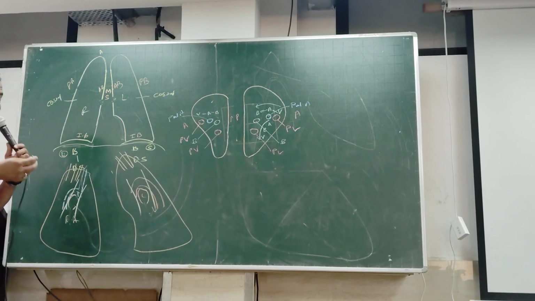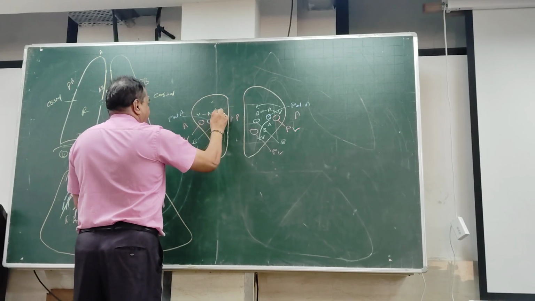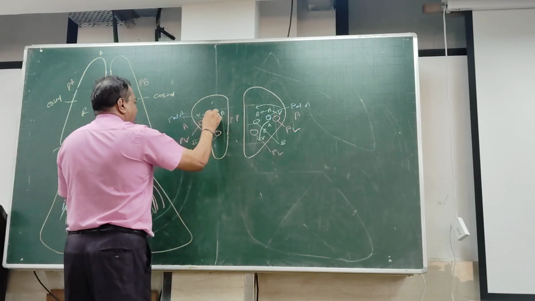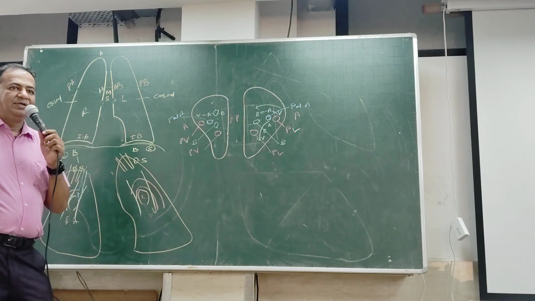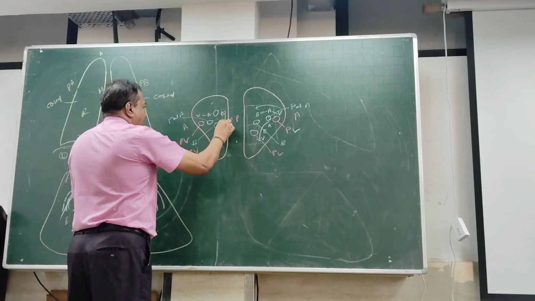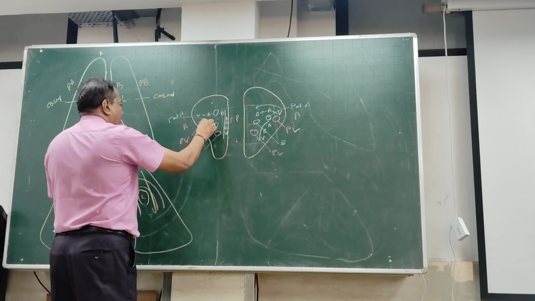Now on the right side there are two bronchi, eparterial and hyparterial. One is above the artery, the other is below the artery. So on the right side, superior to inferior, it will be bronchus, artery, bronchus, vein.